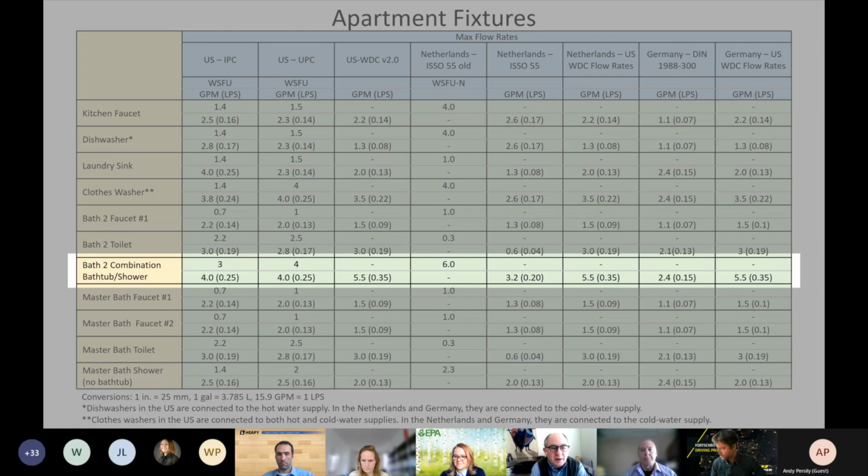The other point I would like to make is that if we're designing the hot side or the cold side, the combination tub shower valves that we have today in the US don't allow full flow on either hot or cold. So if we're using the water demand calculator to design the plumbing for the hot or the cold, we should be able to discount the peak value by some amount.